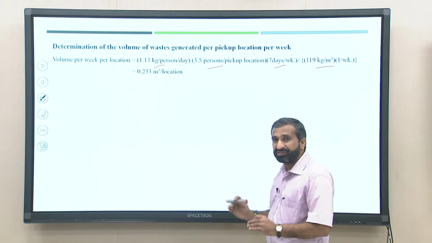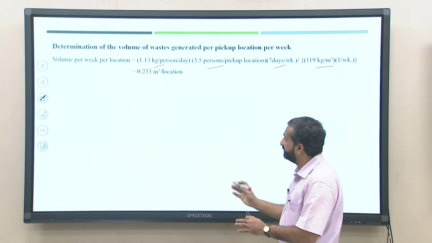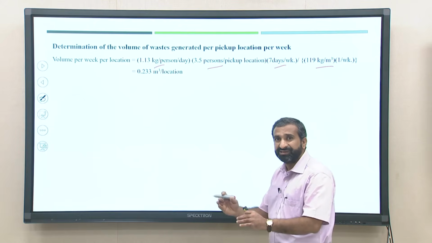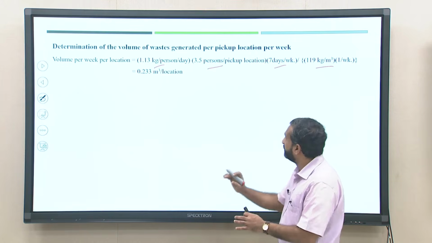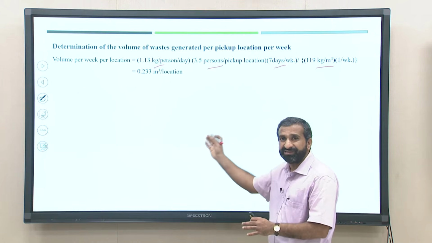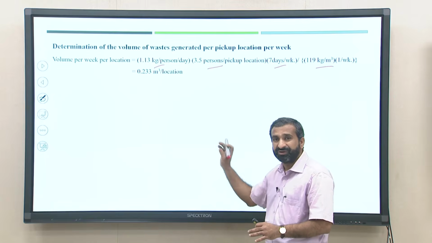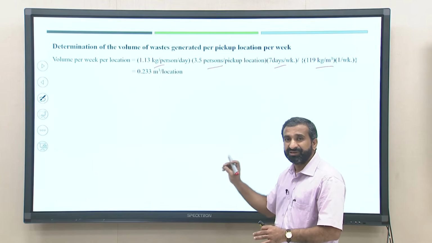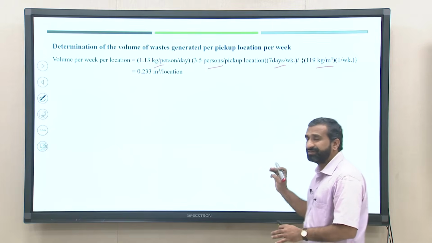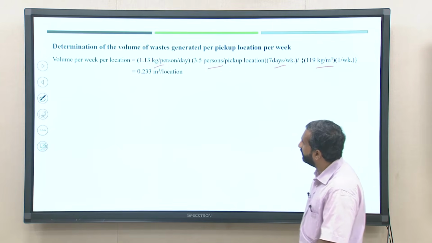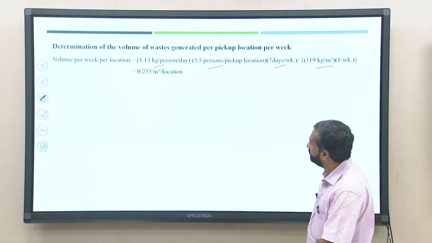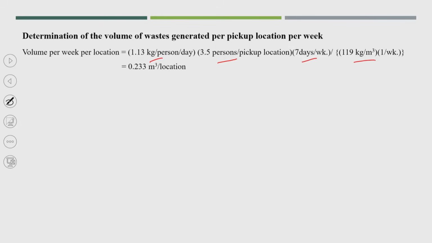Sometimes it is possible that the value is directly given in cubic meters per day. So we just multiply it by the number of residents at that particular location, multiplied by 7, that is the days in a week. Here we got the volume per week per location as 0.233 cubic meter per location.